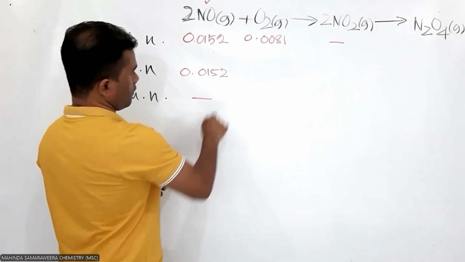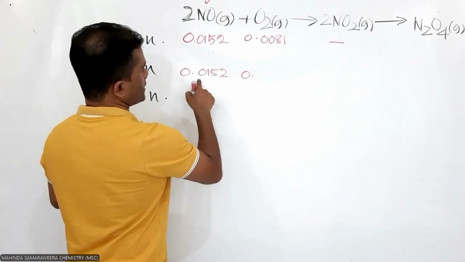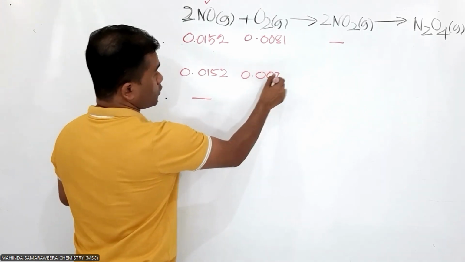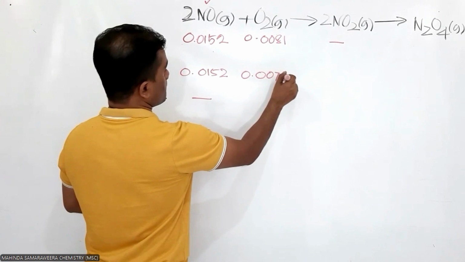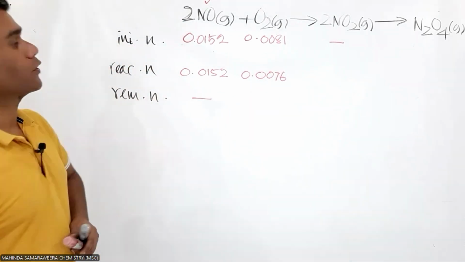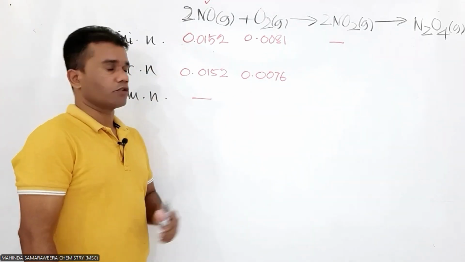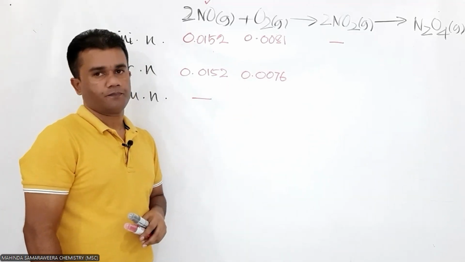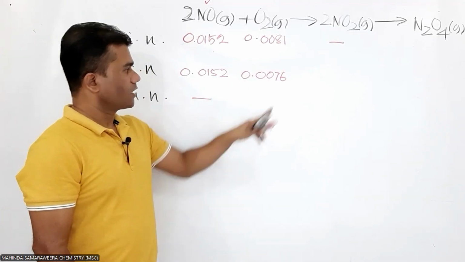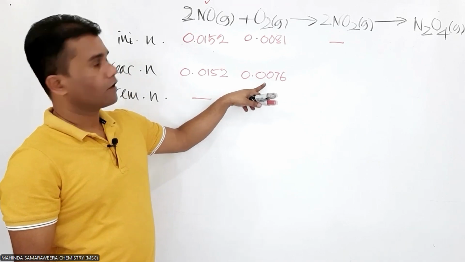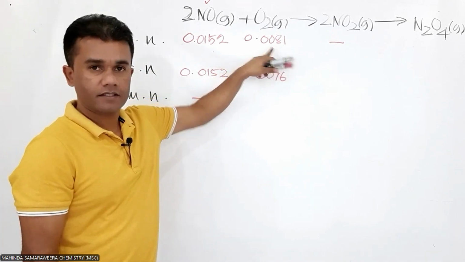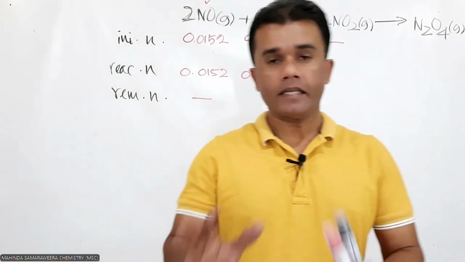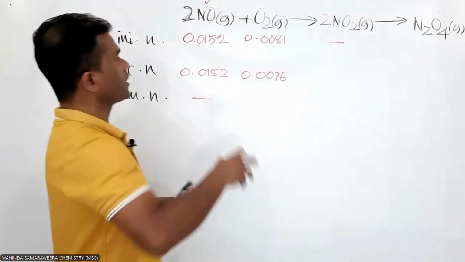So half of 0.0152 is 0.0076. That should be the reacting mole of O2 with 0.0152. Then my question is, do we have 0.0076? Of course, it's available, more than that. Then my assumption is correct. Here the limiting reagent is nitric oxide.